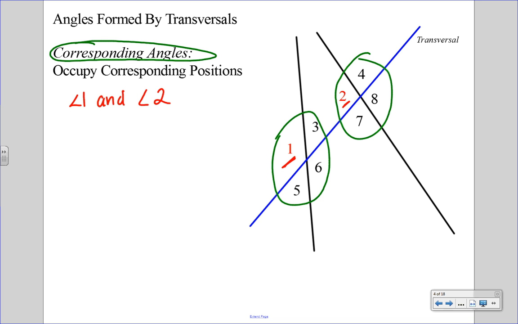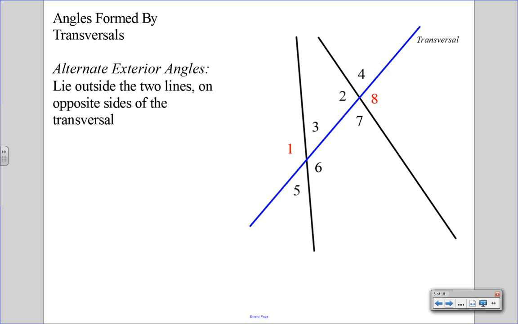They correspond where they are. So we also can say that angle 3 and angle 4 are corresponding angles. Angle 5 and angle 7 are corresponding angles. And angle 6 and angle 8 are corresponding angles. Same location, different intersection.